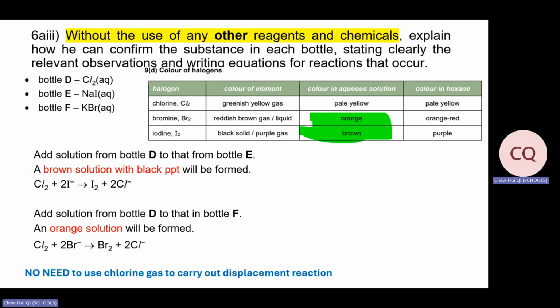You think that displacement reaction can only work when you use chlorine gas passed into the solution containing I- and Br-. So in the answer, I see electrolyze the Cl2 in water to get pure chlorine gas. After that, I pass the chlorine gas into bottle E and F. No need, just mix D with E or D with F, okay?